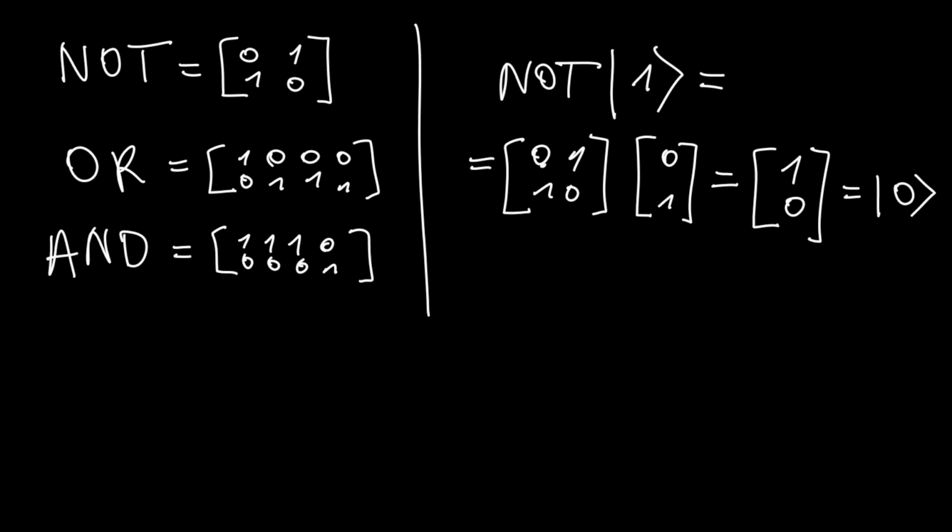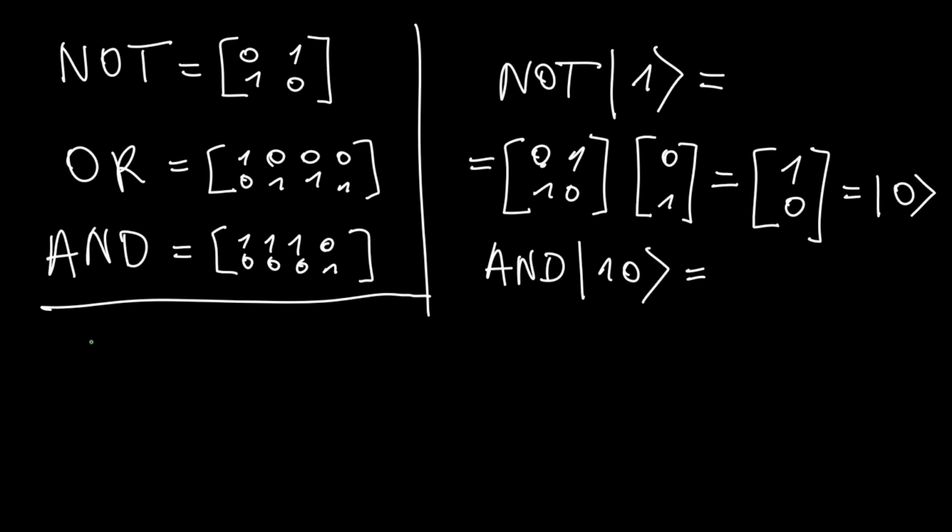Another example, we have AND 1 0. So AND gate, let's remind ourselves, is basically giving us 1 only if both bits are 1. In this case, one of the bits is 0, so we should have 0. And let's see how it goes.